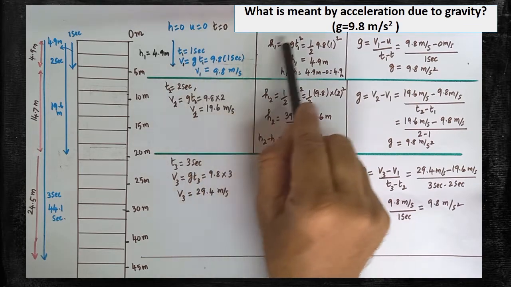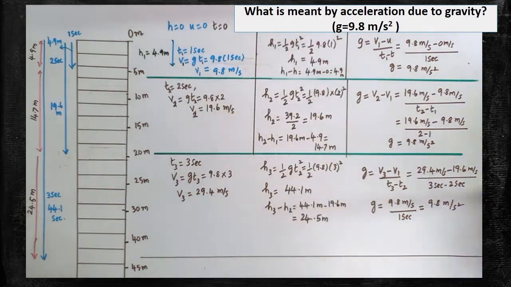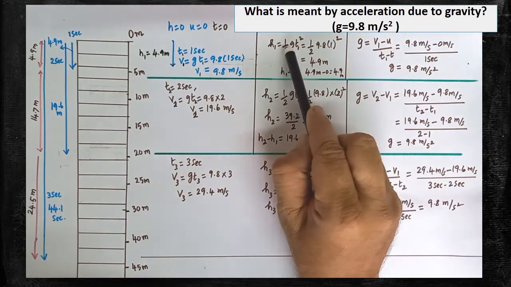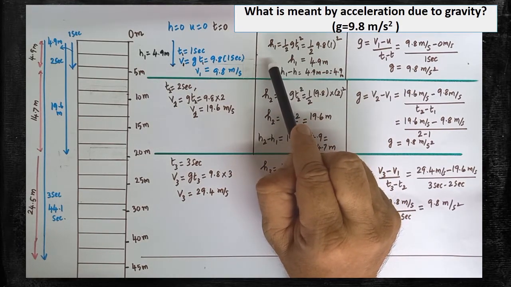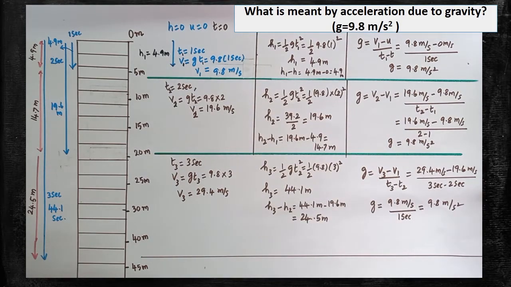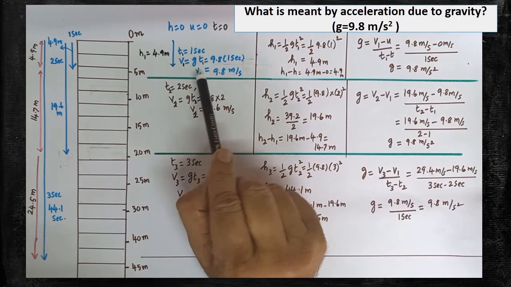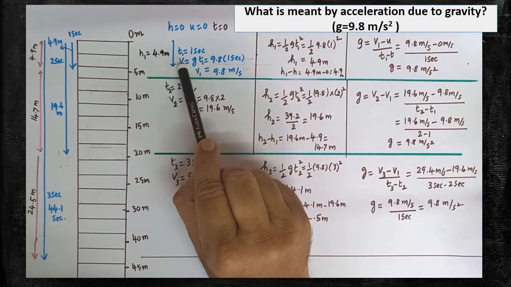These two formulas will be taught in the higher class, or you may have already learned them in the lower class, in 9th standard level. Both the v is equal to gt and h is equal to half gt square formulas can be derived from the equations of motion. Are you clear? So here we'll calculate the value of the velocity v1 after 1 second.